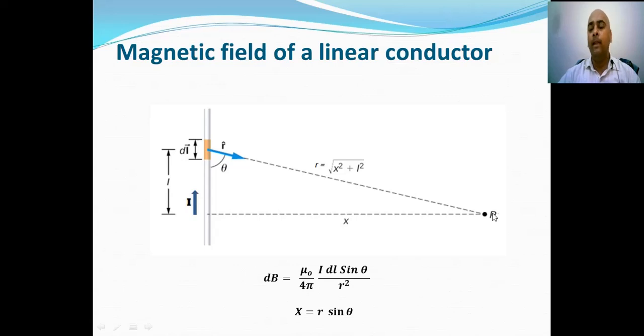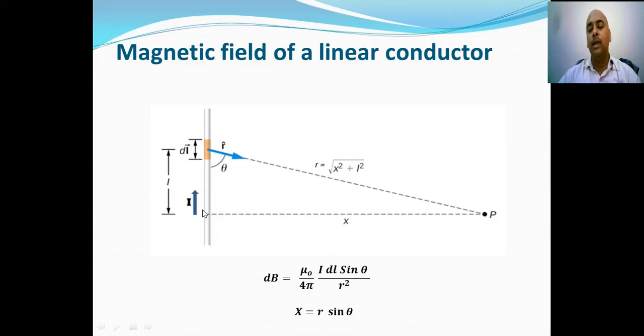So in order to find the magnetic field at point P, we need to consider a small element of length dl. We will find the magnetic field due to this small element at point P, and then we will integrate this small magnetic field over the entire length so as to calculate the total magnetic field at point P.